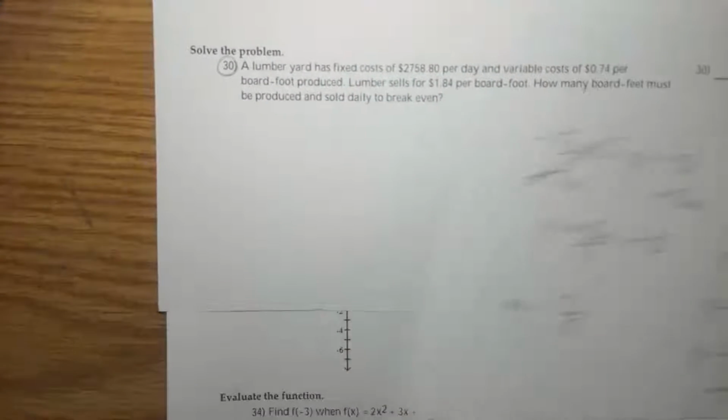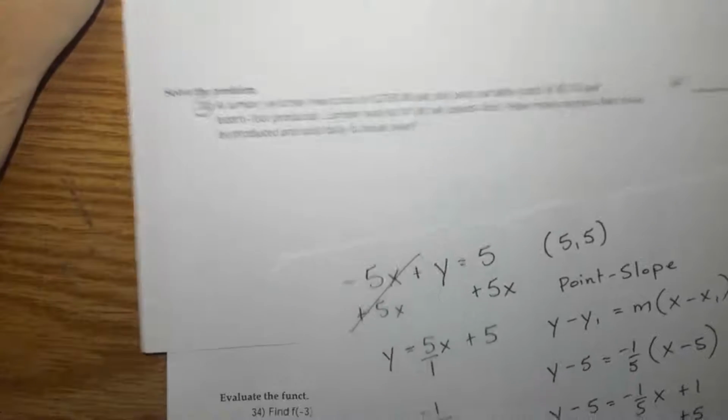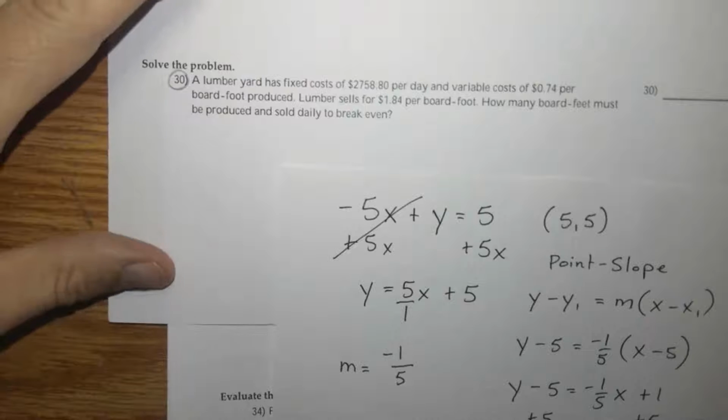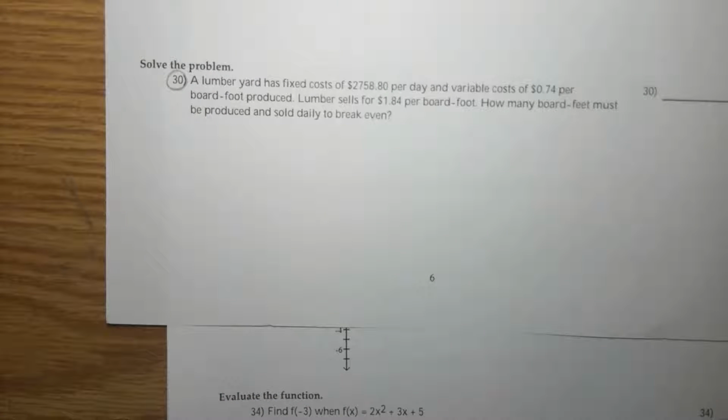Okay, a lumber yard has a fixed cost of $2,758.80, and a variable cost of 74 cents per board foot produced.